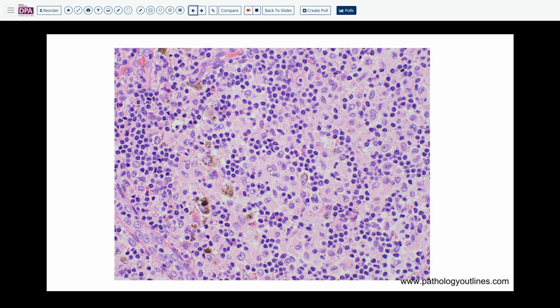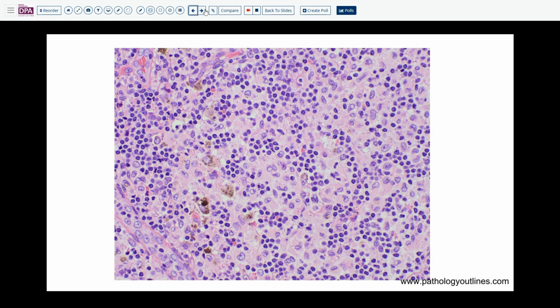So do you have a diagnosis? Yes, dermatopathic lymphadenopathy. So this is another kind of pure pericortical expansion pattern with histiocytes, and this melanin pigment is really helpful when you make this diagnosis.